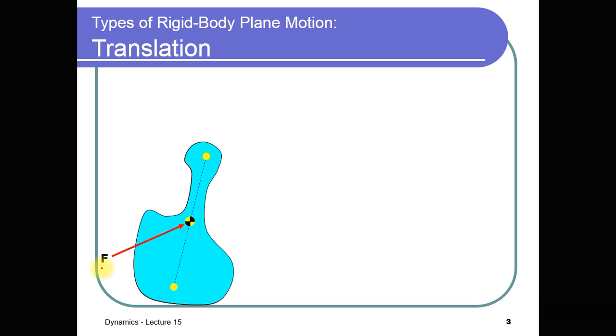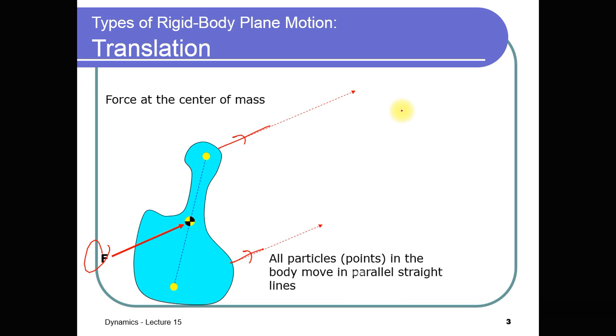This is an external force pointing at the center of mass, and due to the external force, this is the motion path. So all particles in the body move in parallel straight lines.